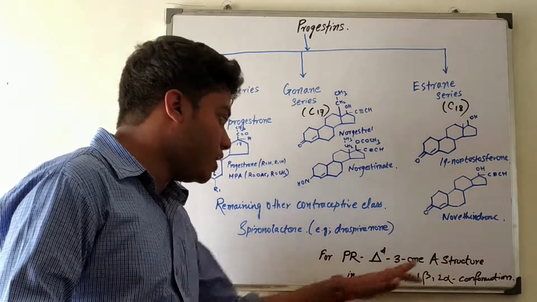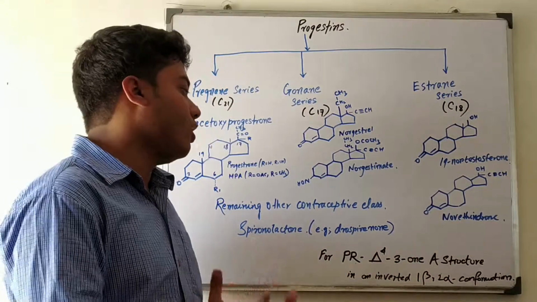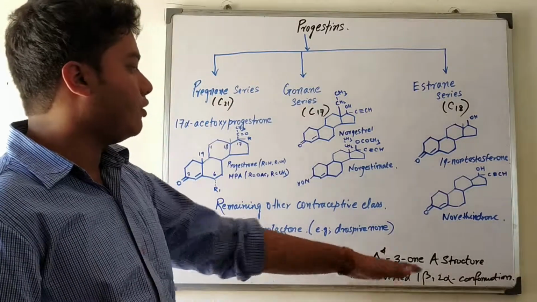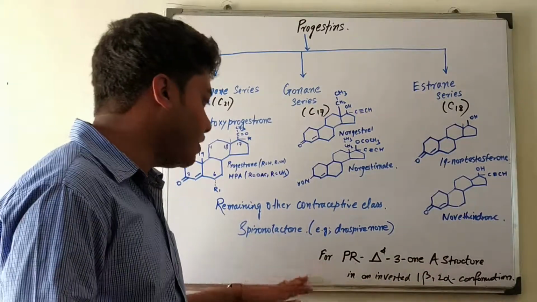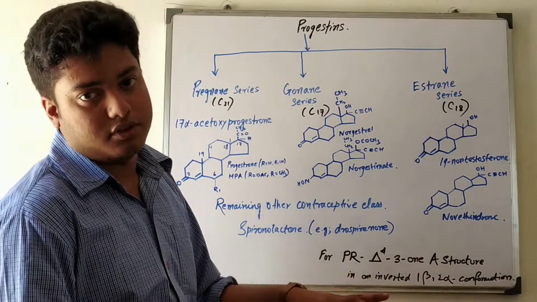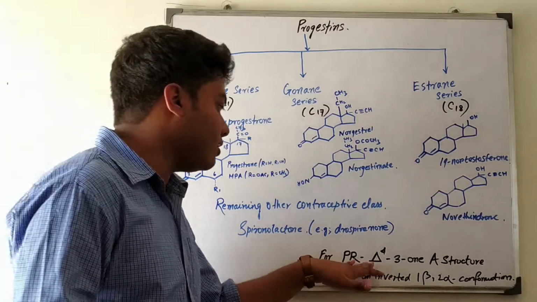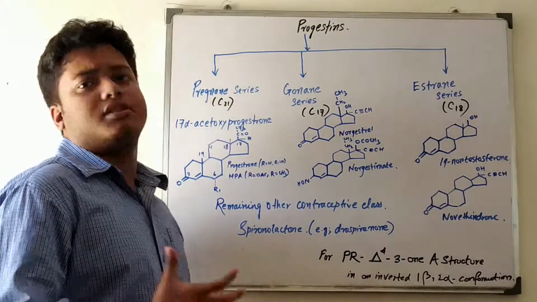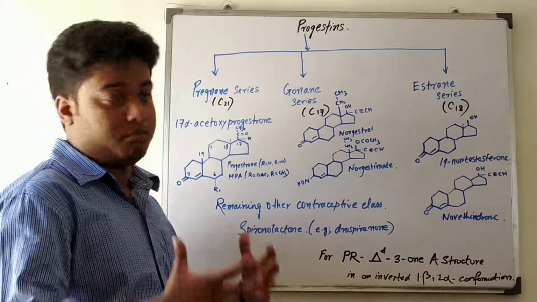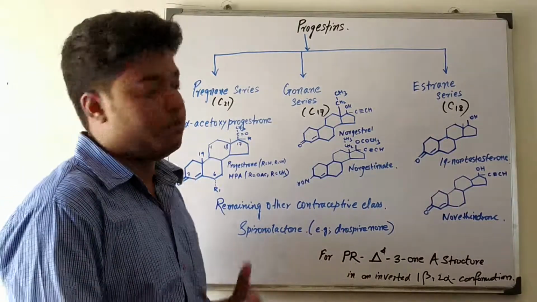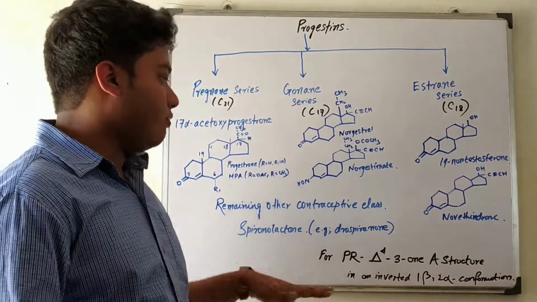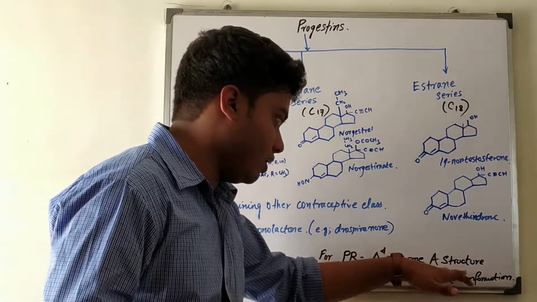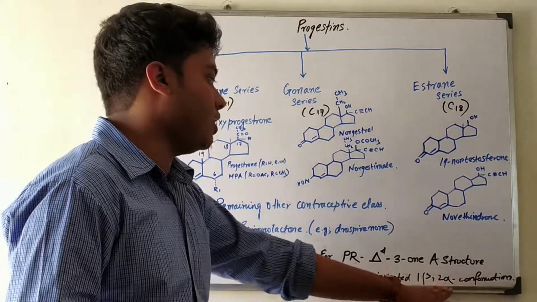Protein conformation is a different topic, and we need to study it in a lot of detail. But here it is more important that the delta 4-3-one A structure is very different from the requirement of the estrogen receptors, because it is generally necessary for progesterone activity. There are many other steroids which may interact with the progesterone receptor, but the specificity of progesterone activity depends on this structure, the delta 4-3-one A structure in an inverted 1 beta, 2 alpha conformation.